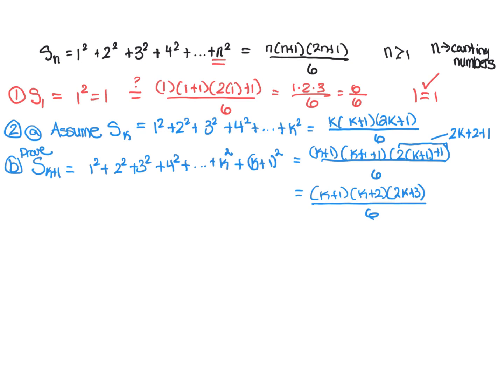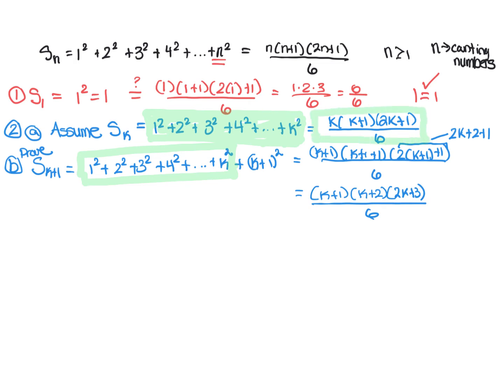So grab my highlighter. This whole piece right here in my green box is the same thing we wrote up here. And we know that thing that I'm coloring in green is equal to this right here.